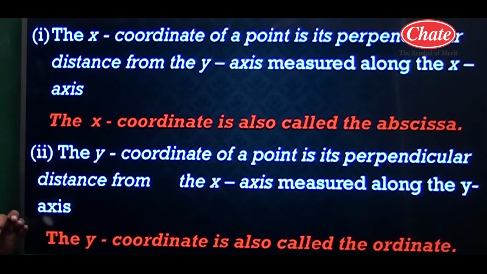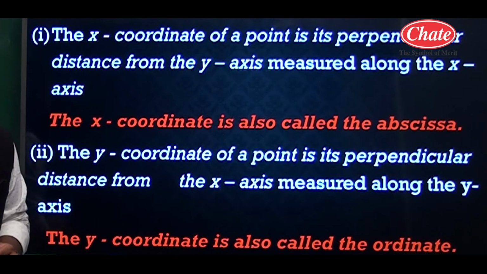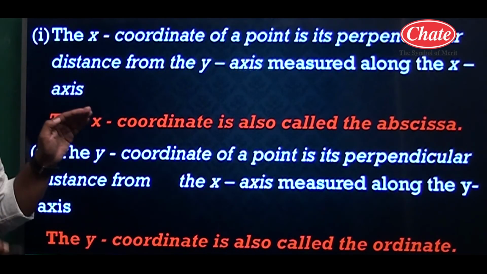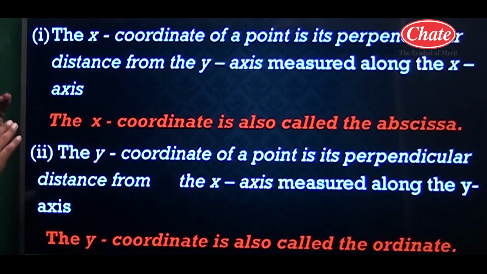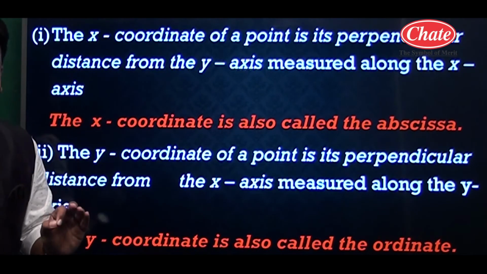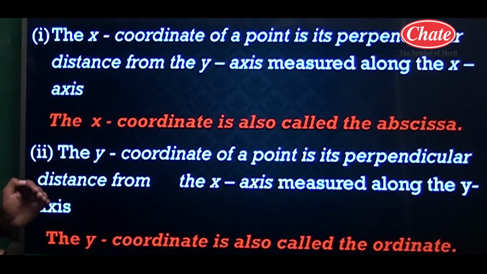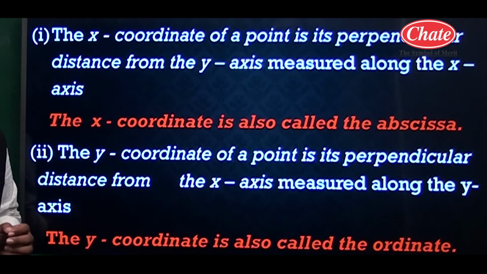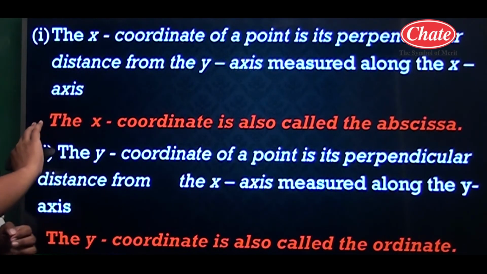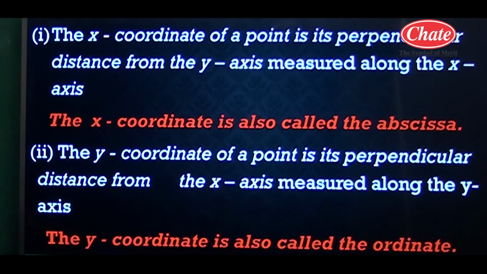Now, we know that the x coordinate of any point is its perpendicular distance from the y-axis, measured along the x-axis. The x coordinate is also called the abscissa.